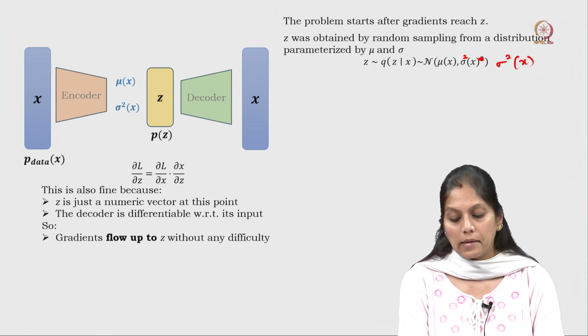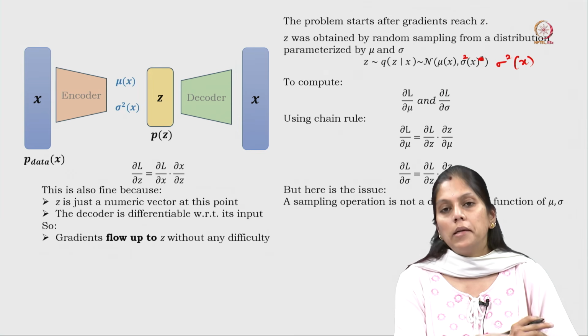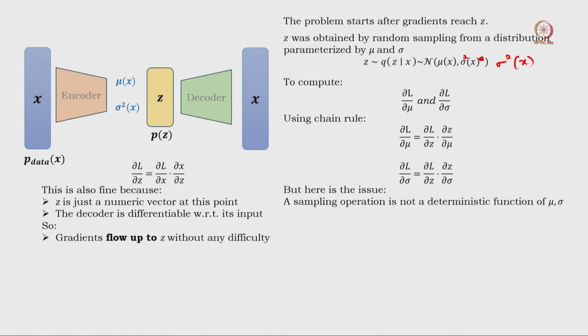When Z is sampled from this, what are the parameters we have? The parameters here are mu and variance. So, we need to compute the derivative of loss with respect to mu and the derivative of loss with respect to standard deviation or variance. Using the chain rule, how can we write this? How can we reach up to this term?